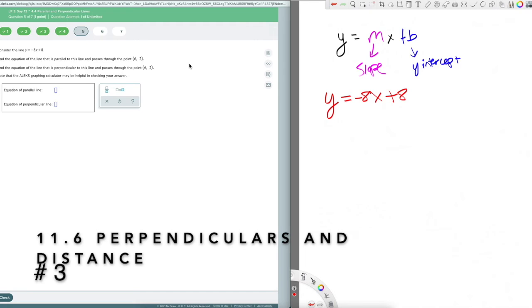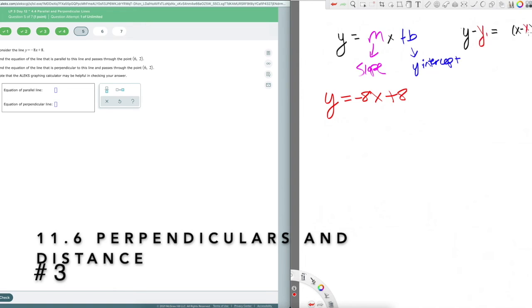So what they want us to do is go back to point slope form, which I'll try to do with the color coding that I was doing here. We have y minus equals x minus. With this one, we're going to have a point and a slope.